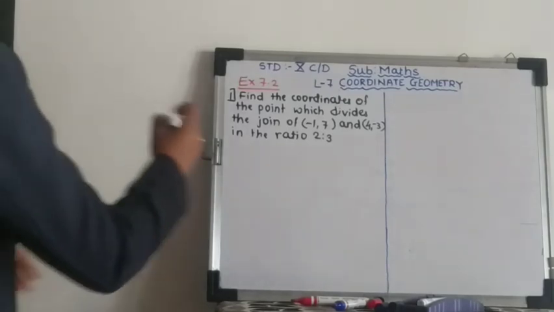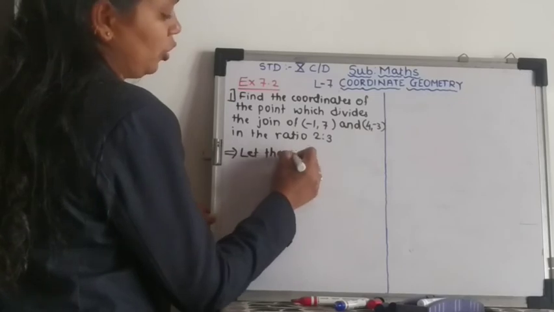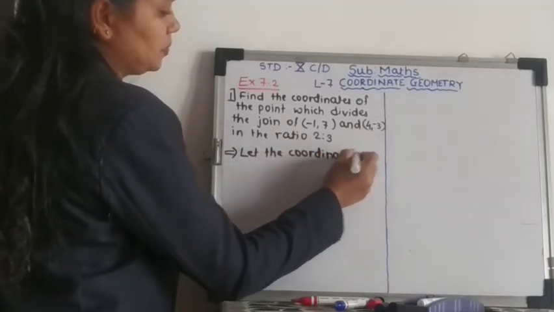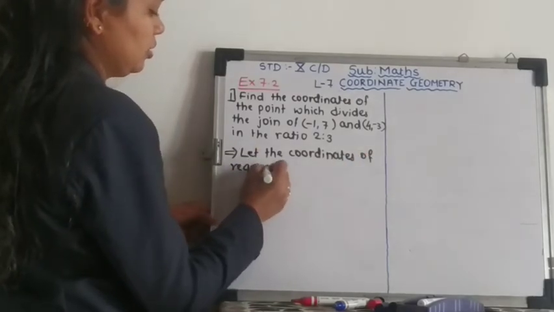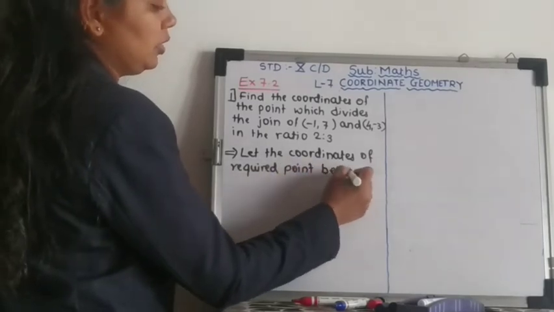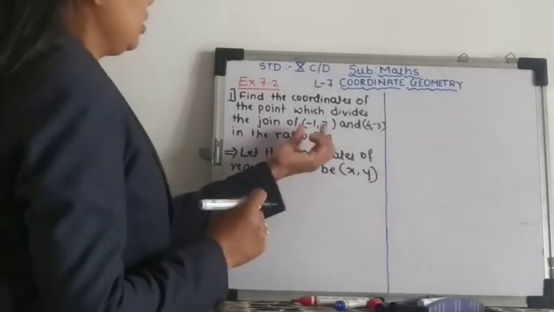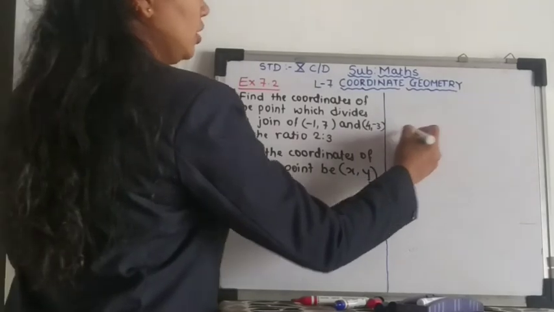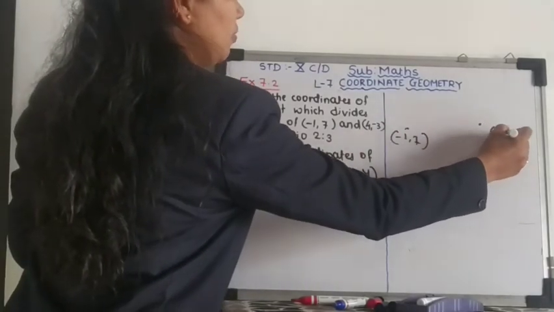Let us solve. Here we will write, let the coordinates of the required point be x, y, right? So see, this is one point and this is another point. When they join, here minus 1, 7 and the other is 4, minus 3.